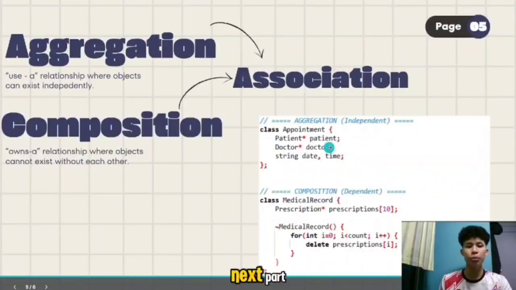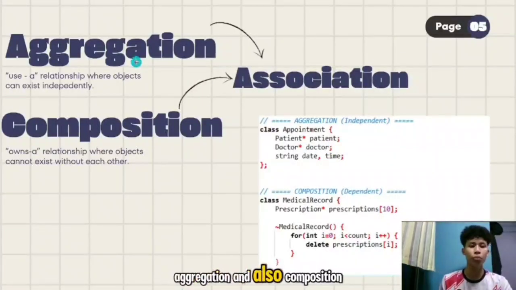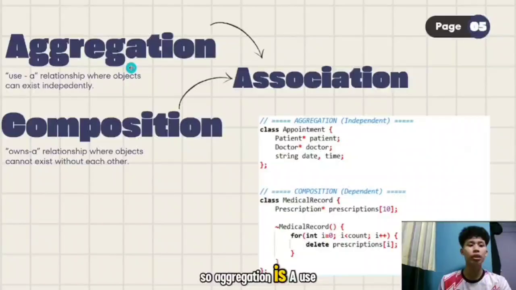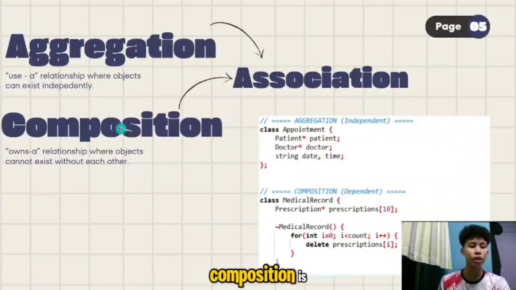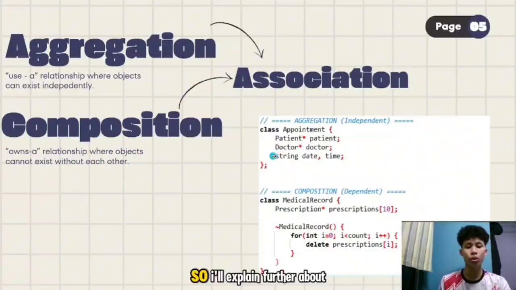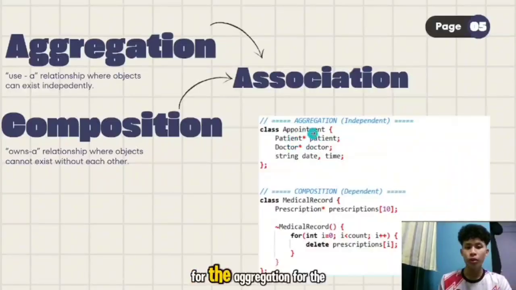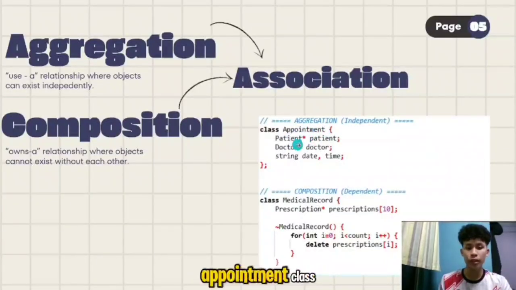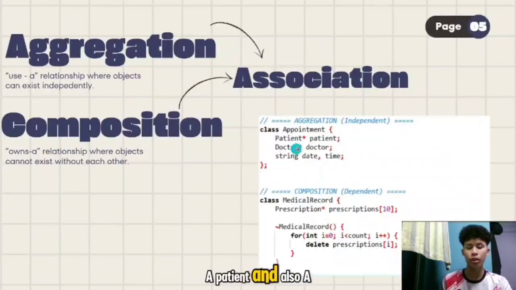So we go to the next part, which is association, combined with aggregation and also composition. Aggregation is a uses relationship where objects can exist independently. Composition is a strong relationship where objects cannot exist without each other. So I explain further about it. For the aggregation, the appointment class has a pointer to a patient and also a doctor.